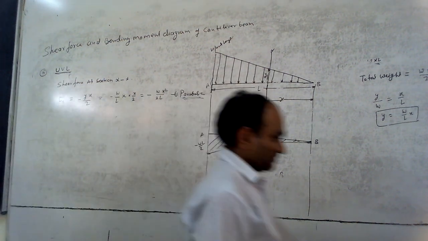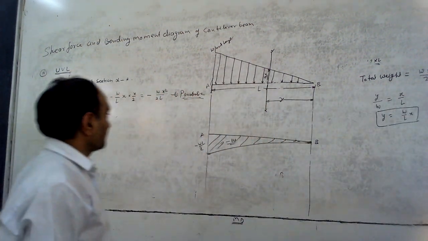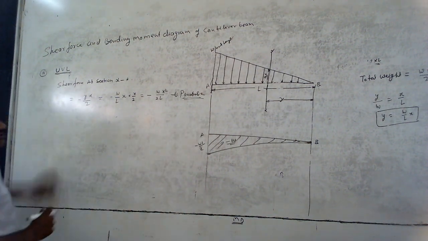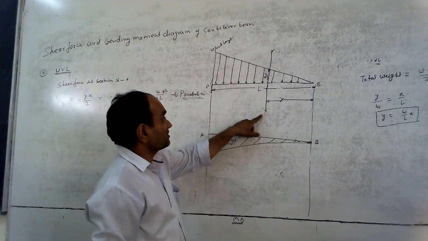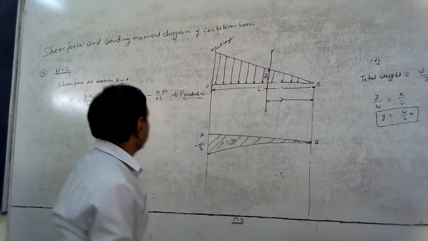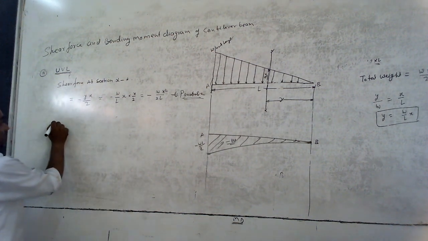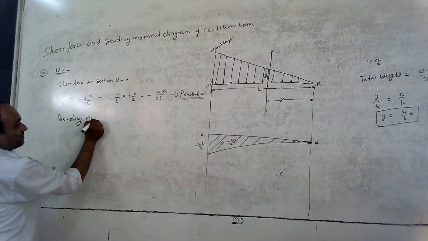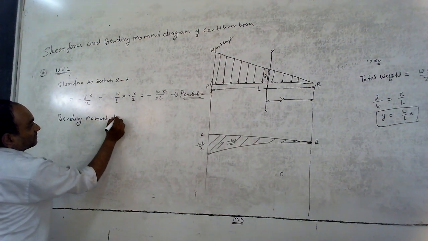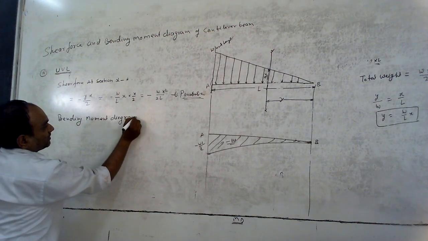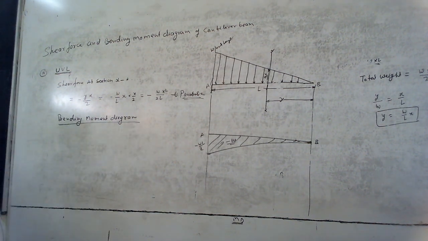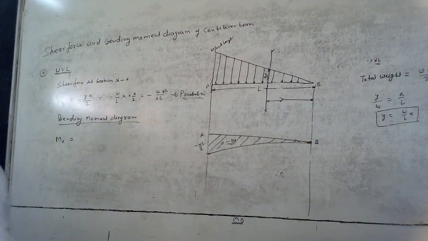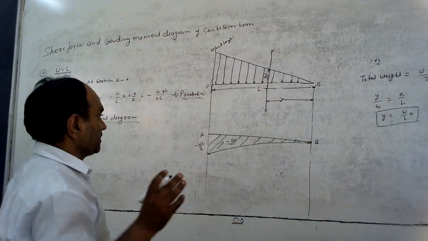Now consider section XX again at a distance x from B. For the bending moment at XX, Mx equals force into perpendicular distance.